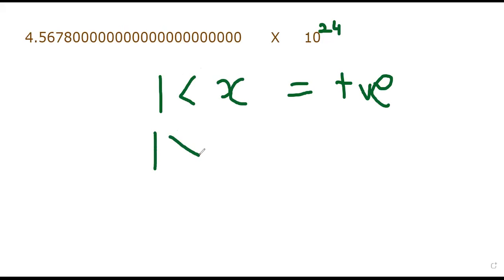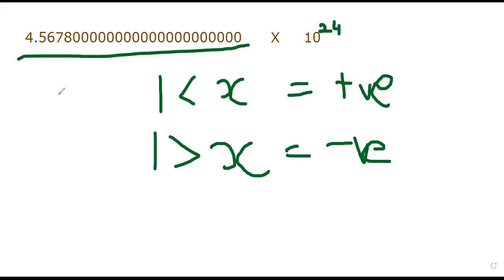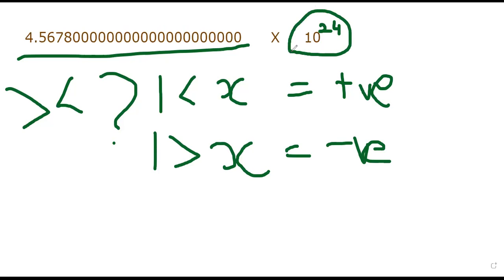If the number is smaller than 1, then the power will be negative. So here, is this number greater than 1 or smaller than 1? Correct, greater. So the power will be 10 to the power 24.